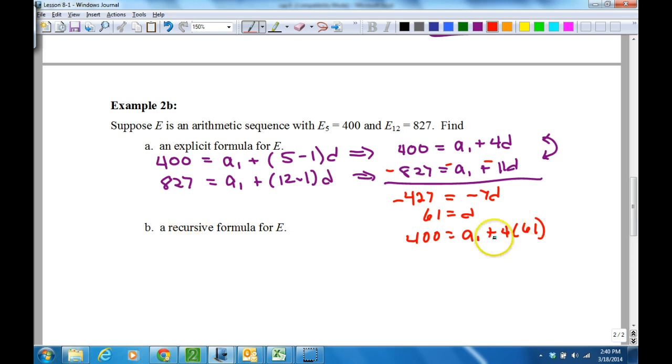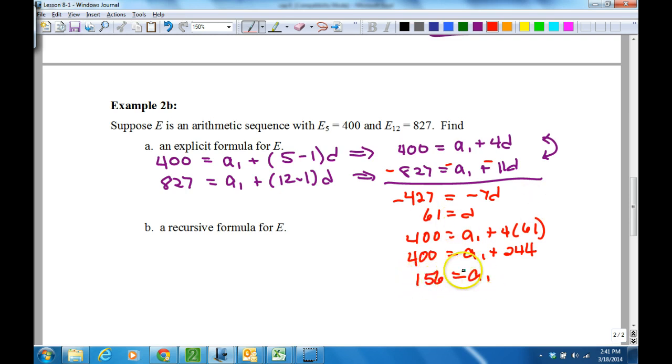If I multiply this through, I'm going to have 400 equals a sub 1 plus 244. Sorry, this is 244. So you subtract from both sides, and it ends up being 156 is the answer for that. That's where I got that.